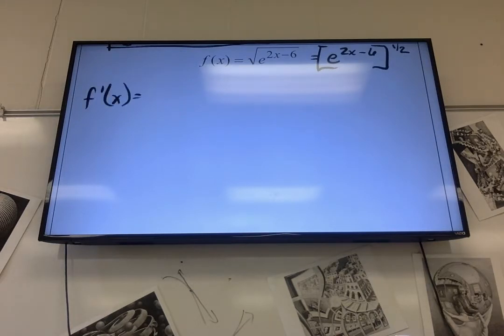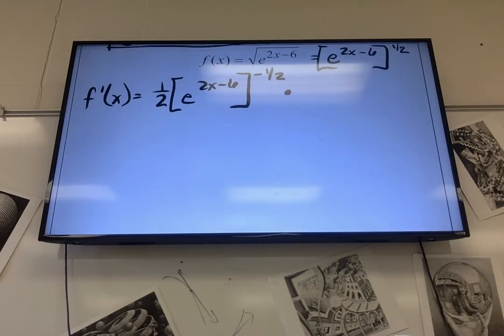So that 1/2 times e to the 2x minus 6 raised to the negative 1/2. Then times the derivative of what's inside.